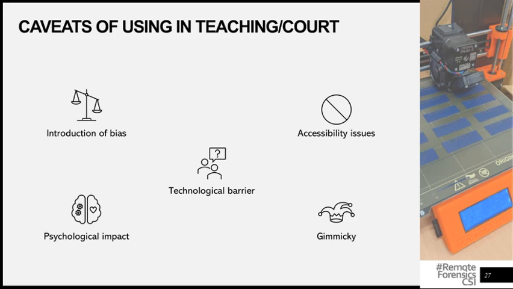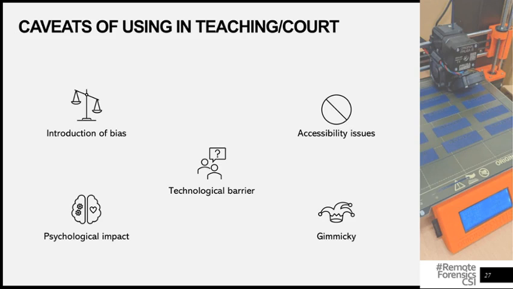We might also be introducing a technological barrier. If we're presenting 3D models, not every student has access to the software or anything that allows them to interact with the material that way.